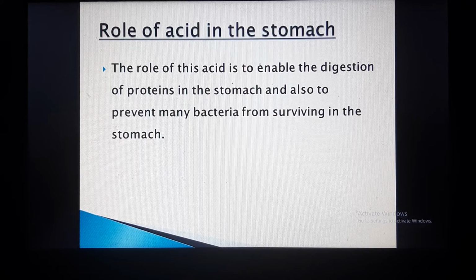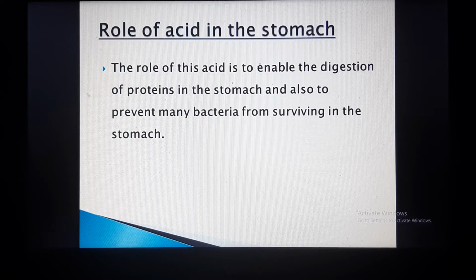This hydrochloric acid helps to prevent the bacteria from living in the stomach. If the bacteria are living in the stomach, it will create various stomach digestion problems and stomach pain, etc. So these are the two roles of acids in the stomach.